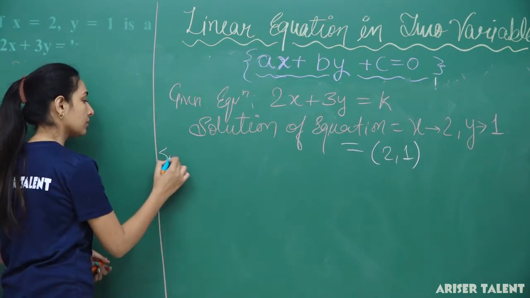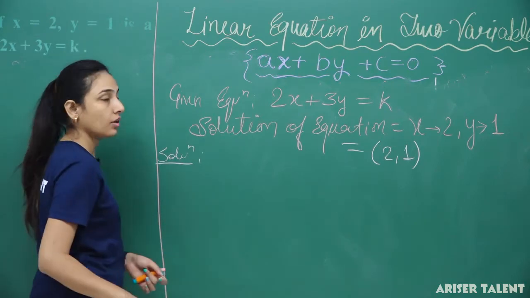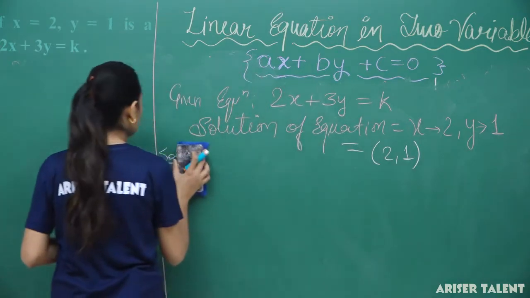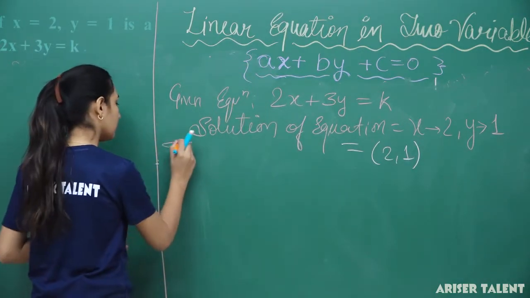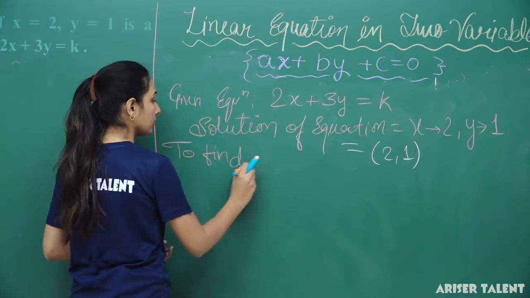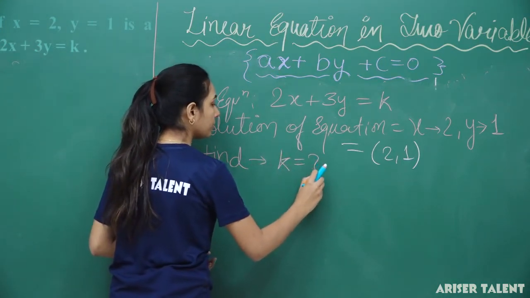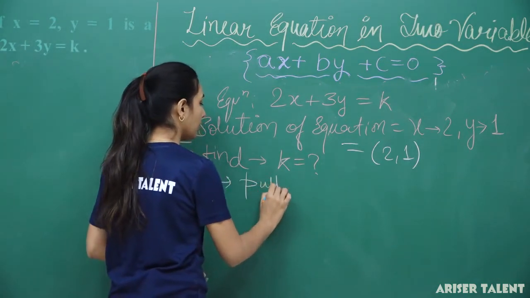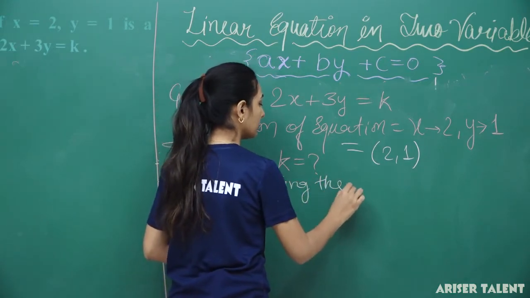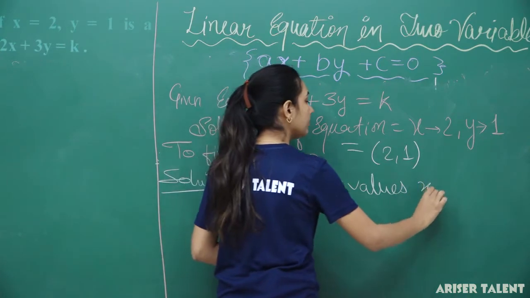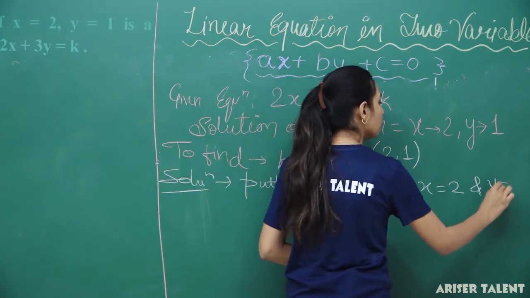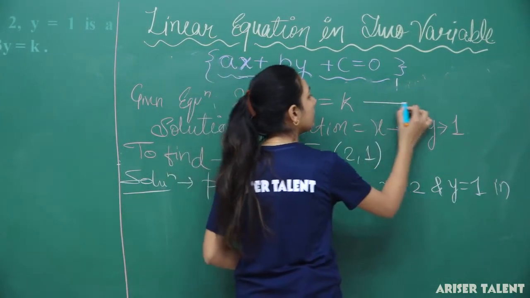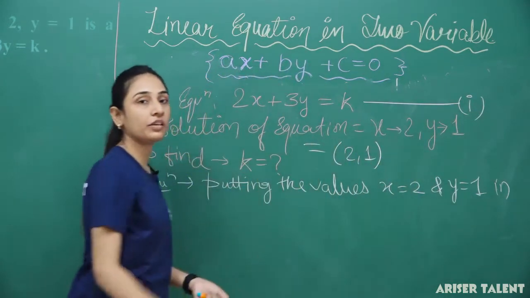Now, to find k, the solution comes. Putting the values x equals 2 and y equals 1 in the equation. I haven't given any name to any equation, so this is your equation 1, the given equation.